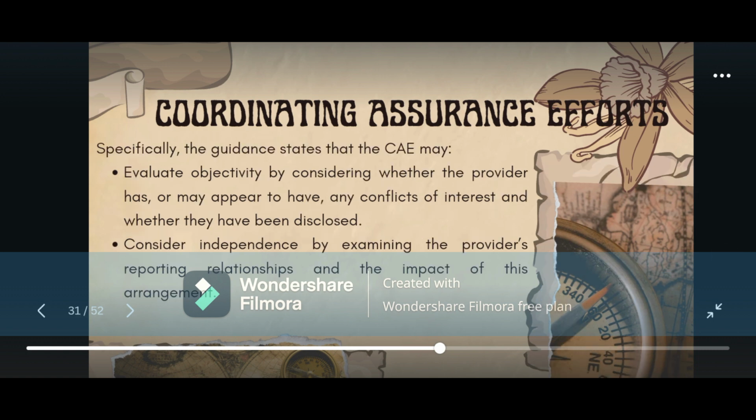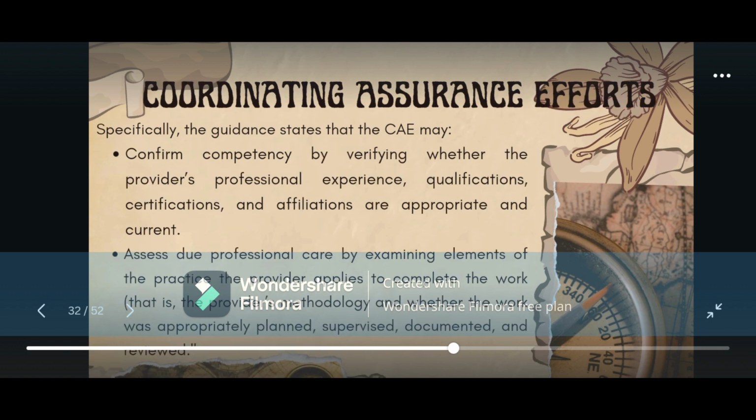Specifically, the guidance states that the CAE may evaluate objectivity by considering whether the provider has or may appear to have any conflicts of interest and whether they have been disclosed. And also consider independence by examining the provider's reporting relationship and the impact of this arrangement.